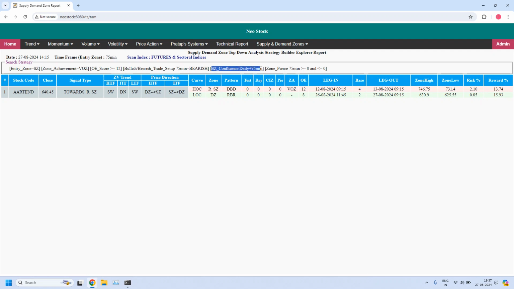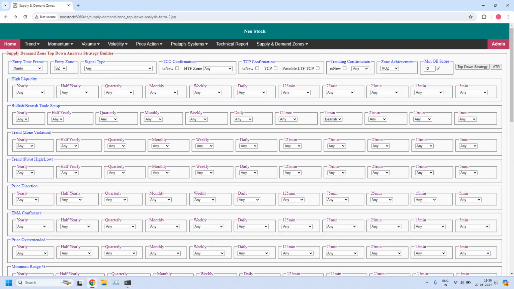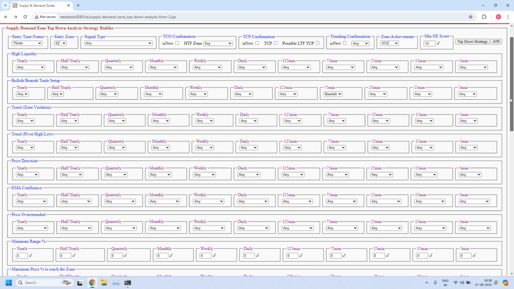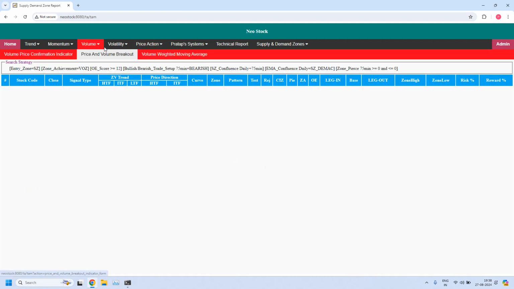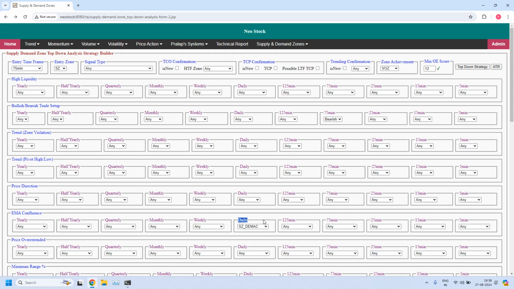Here supply zone confluence, daily and 75 in the filter. Okay, now let's verify this supply zone. Which supply zone? The daily supply zone, the ITF supply zone, is having daily EMA confluence. If that is there, it is a high probability setup. So in the EMA confluence at daily time frame, I am checking whether the daily supply zone is having daily EMA confluence. Let us filter the stocks. No, it is not having any daily EMA confluence. So I am removing this filter.